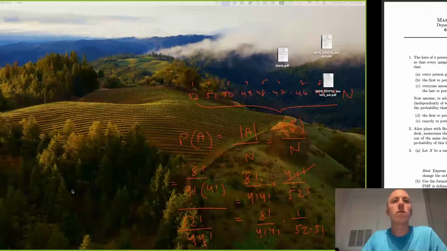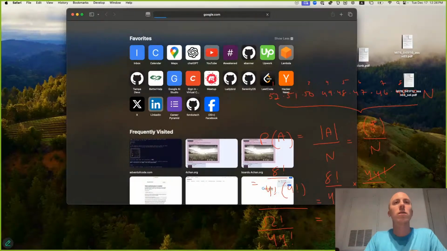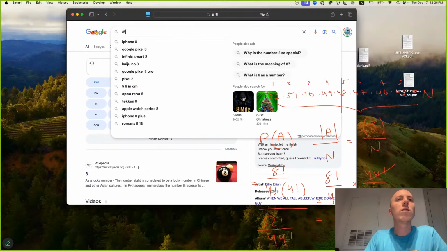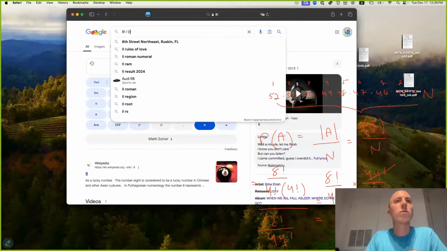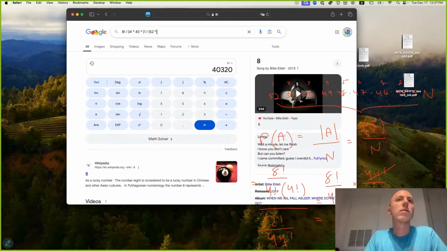So we have 8 factorial divided by 4 factorial times 4 factorial times 1 over 52 times 51 times 50 times 49 times 48 times 47 times 46 times 45.